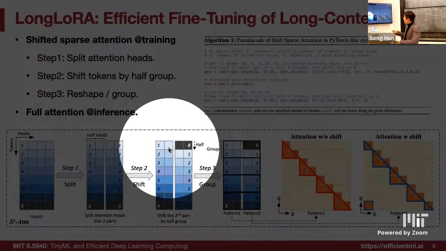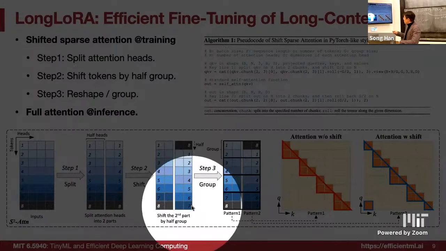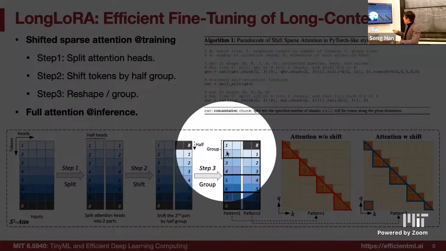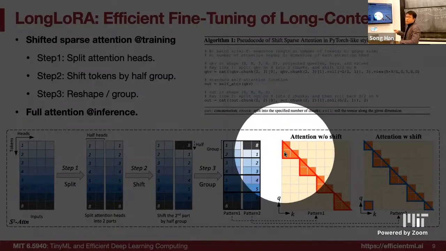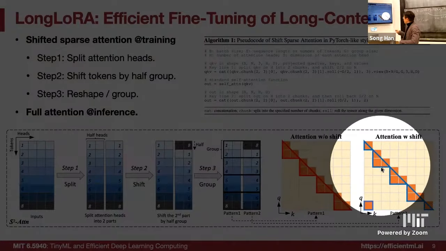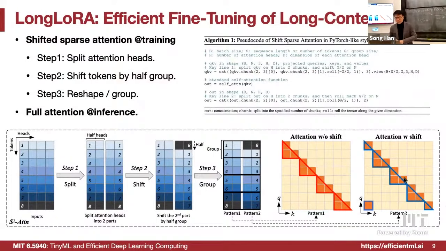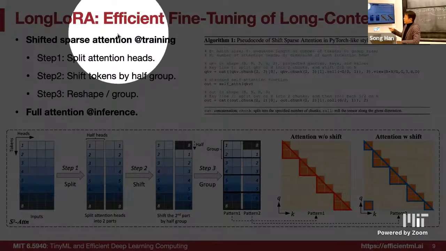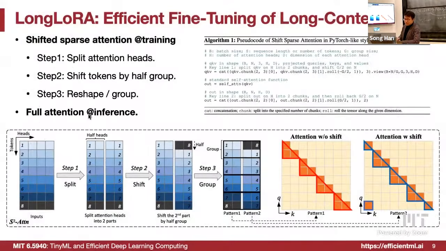You can see 1, 2, 3, 4, 5, 6, 7, 8 becomes 8, 1, 2, 3, 4, 5, 6, 7. Then we group it. Here, every 2 tokens are grouped together. We only do local attention within the group, and for the other half of the heads, we do shifted attention like this. So this is during training. We run this shifted sparse attention, and at inference time, we run the full attention.